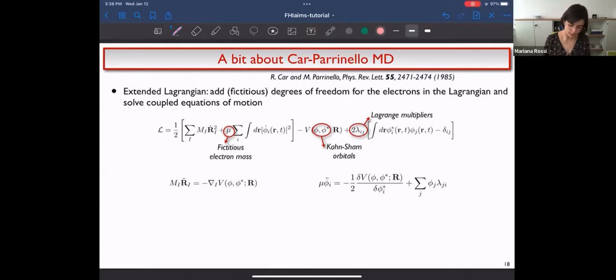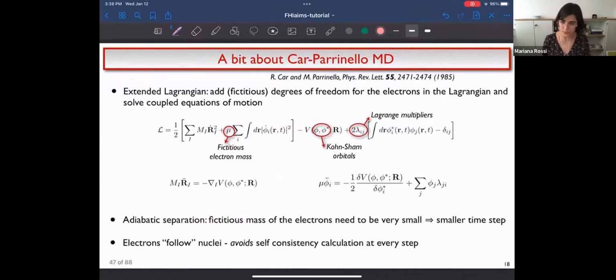And the key thing to do there is to choose this mu here, which is a fictitious electron mass, small enough in order to get an adiabatic separation of these fictitious degrees of freedom from your real system. So you have to choose mu small enough such that it creates the right potential for which your nuclei are moving in, and it doesn't mess up with the dynamics of your nuclei.